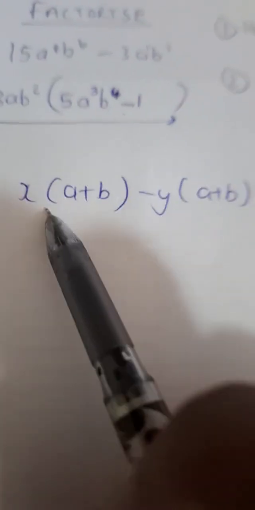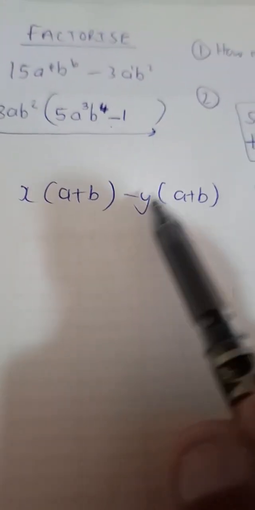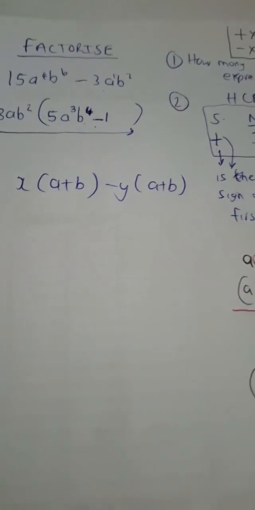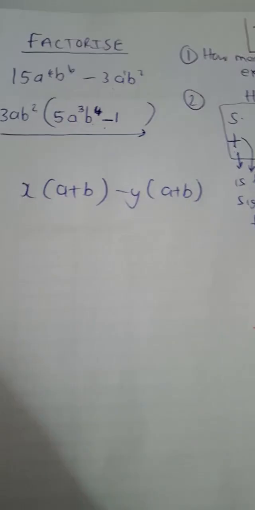Okay. Right. x into a plus b minus y into a plus b. So if we look at this expression, the first question I ask you, how many terms do we have in this expression? How many terms, people?